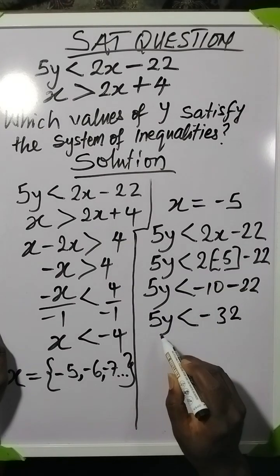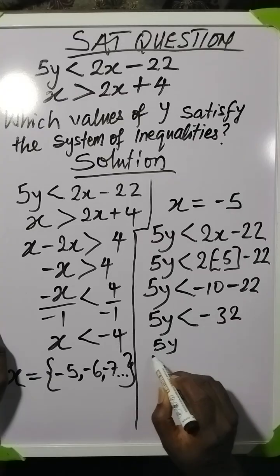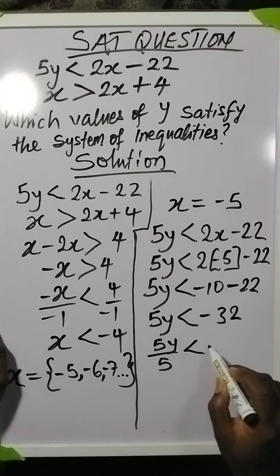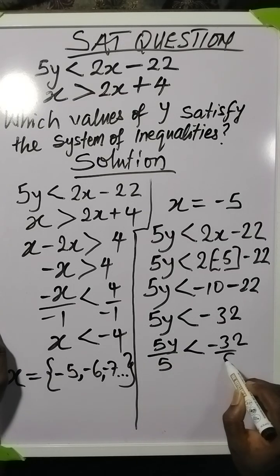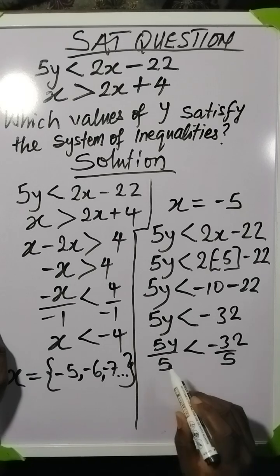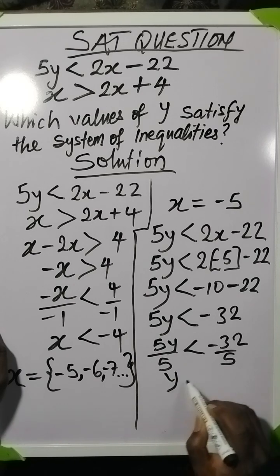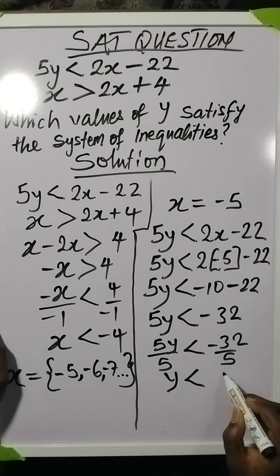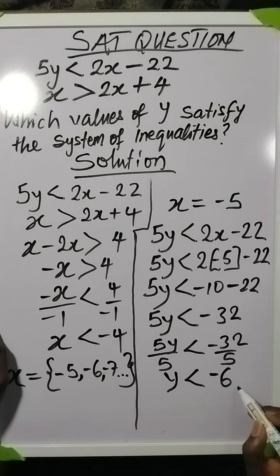So divide both sides by 5, -32 by 5. You have that y is less than -6.4.